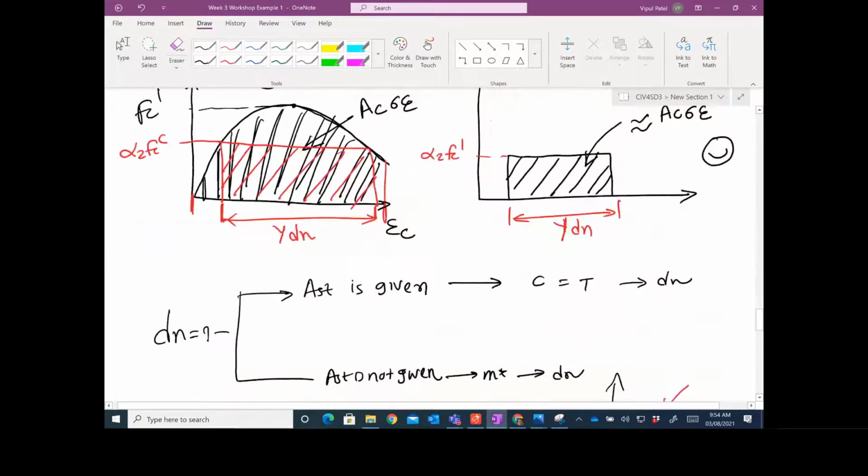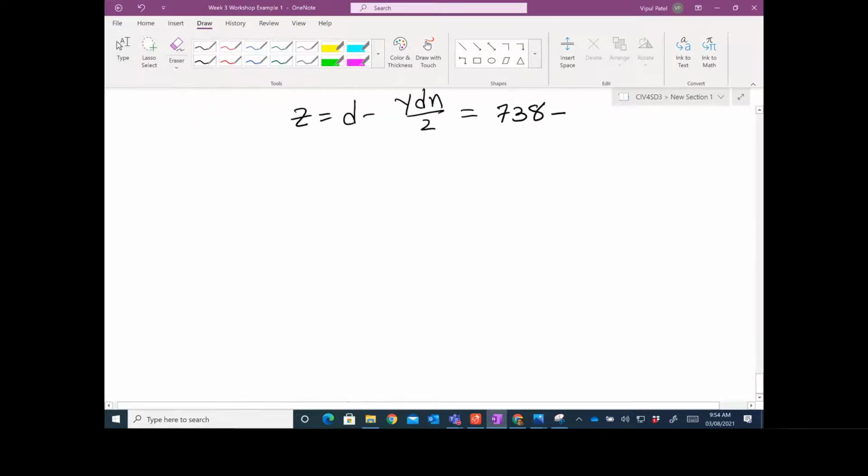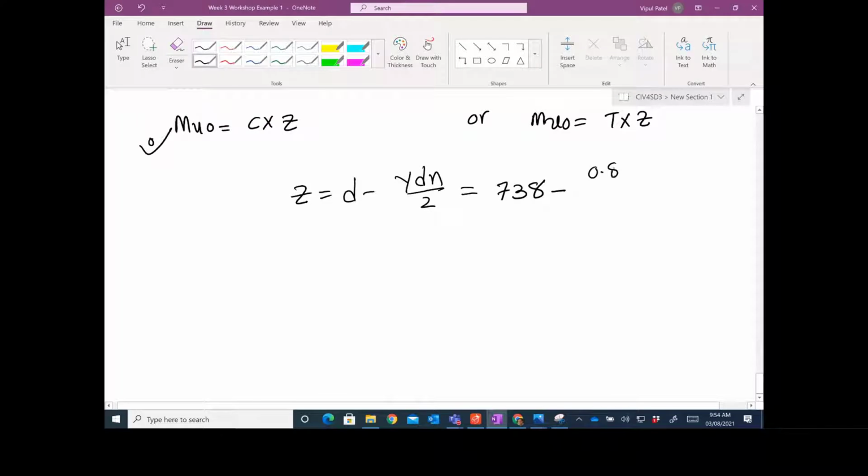Gamma we calculated was 0.89. So 0.89 times dn divided by 2. Now let's simplify that. 738 take away 0.89 divided by 2, you get 0.445 dn.